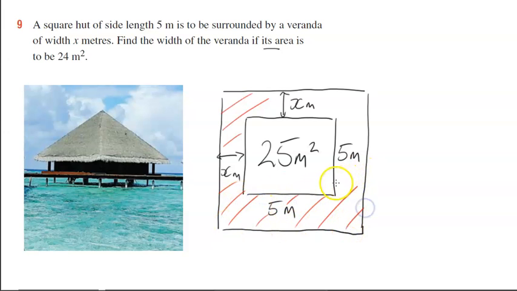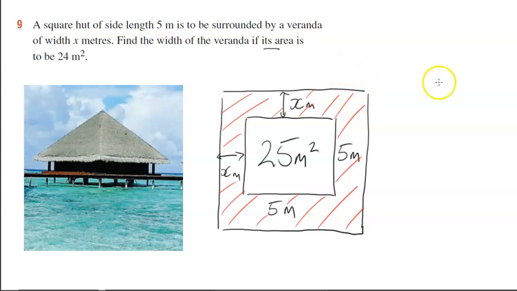It can only be this outside part, because the whole thing together can't be 24, as this is already 25, which is more. So what it's referencing is the outside veranda roof sheeting part, which is 24 square meters.